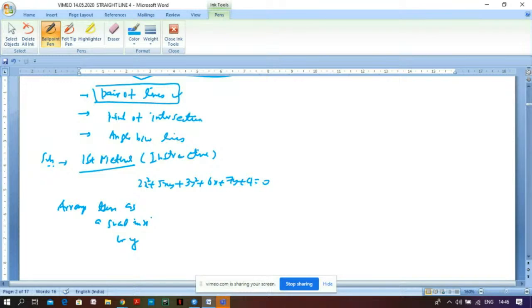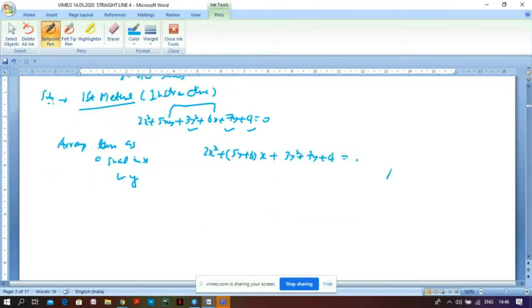So I'll write 2x squared, the term copied, plus 5xy and these terms. I can take x common and get 5y plus 6 times x, and then plus 3y squared plus 7y plus 4. So let's check our work: 3y squared, 7y plus 4. We have arranged it as a quadratic in x.